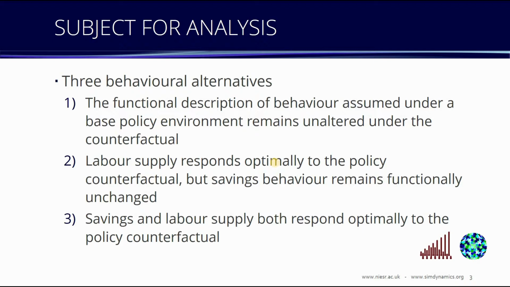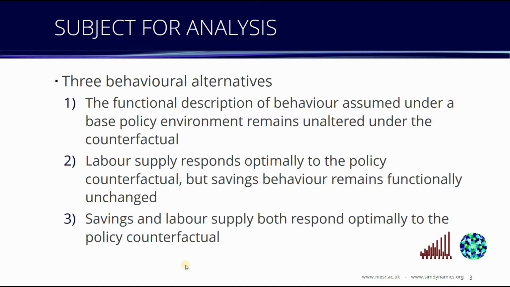So recall from the preceding section 3.1 that we're interested in three alternative behavioral assumptions. One in which the functional description of behavior assumed under the base policy environment remains unaltered under the policy counterfactual.